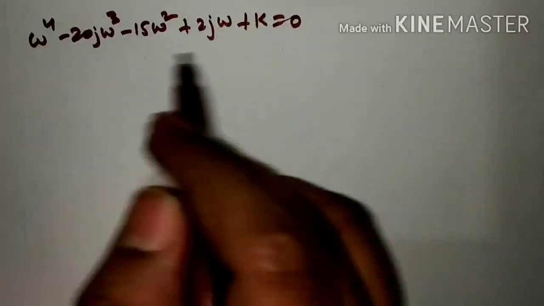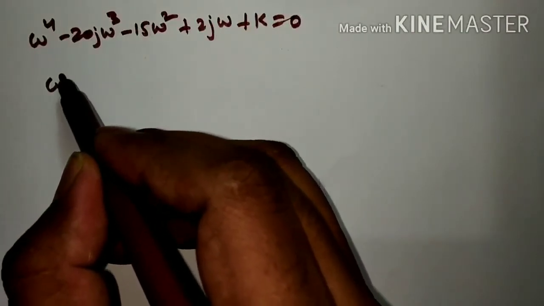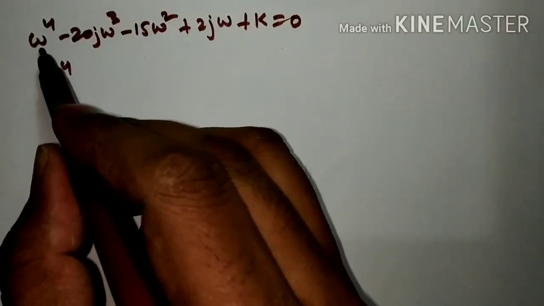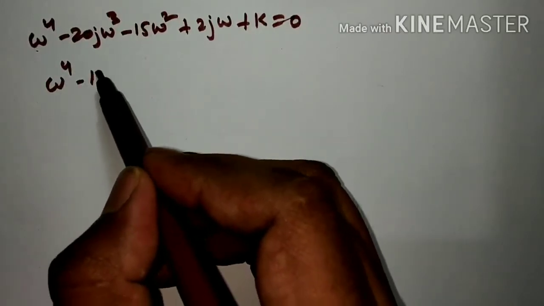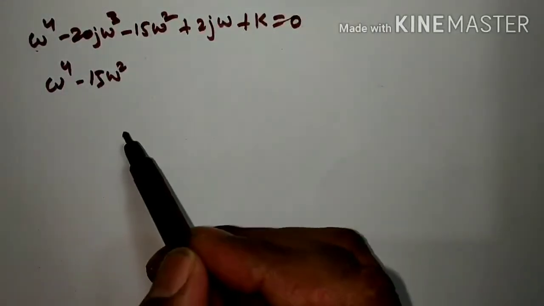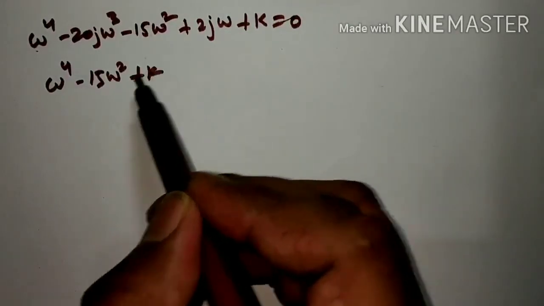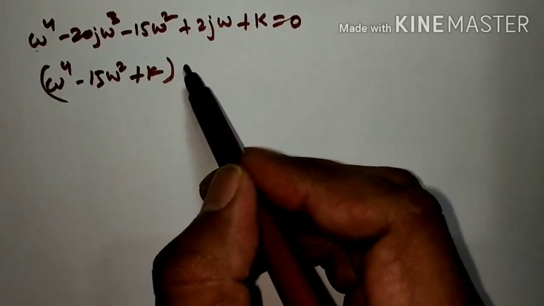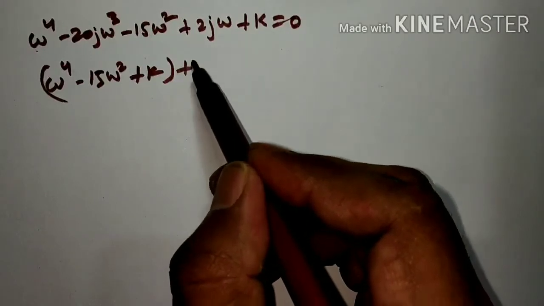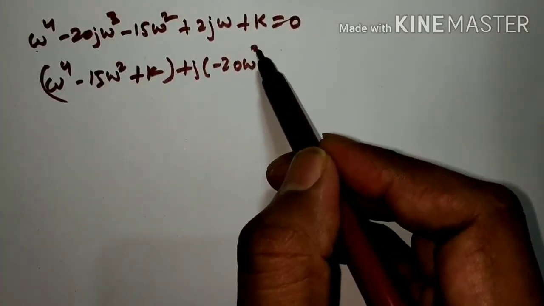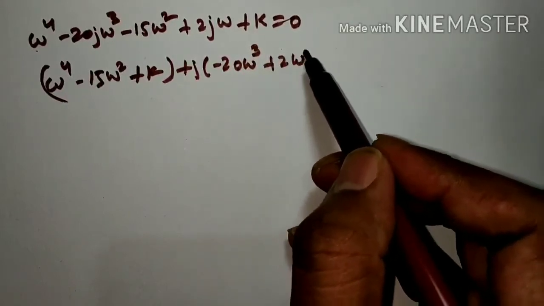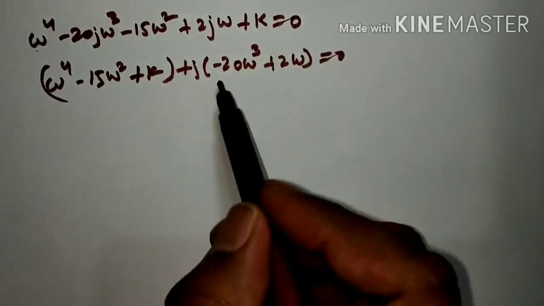The real part is omega^4 minus 15 omega^2 plus K. Where is the j? We take j common, so we get minus 20 omega^3 plus 2 omega equal to 0.